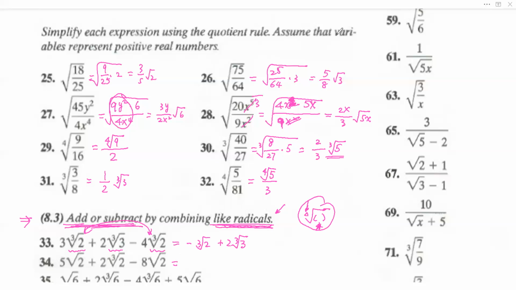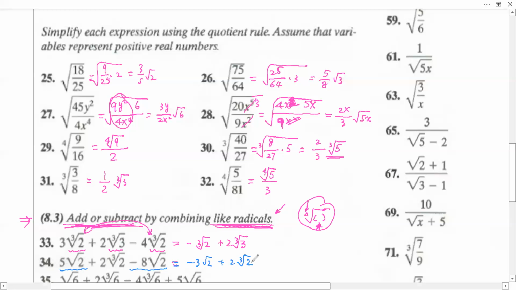Let me change the color so I'm not confusing. Here, square root 2 minus 8 square root 2 gives negative 3 square root 2, and this part does not change, we just copy it as it is.